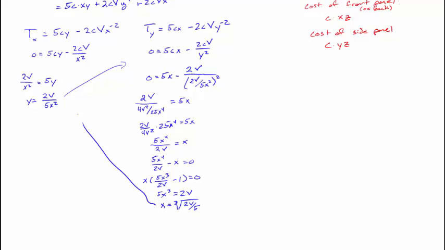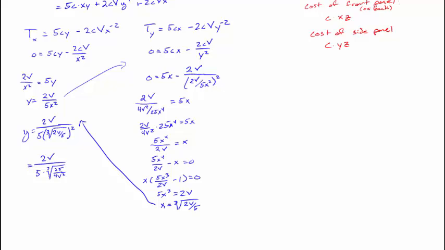So I'm going to plug this in now over here to get y equals 2v over 5 times the cube root of 2v over 5 quantity squared. This is going to be fun. So we have 2v over 5 times the cube root of 25 over 4v squared.